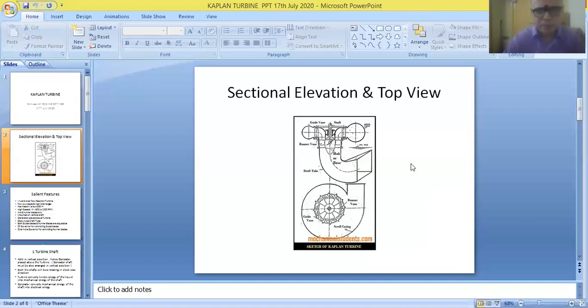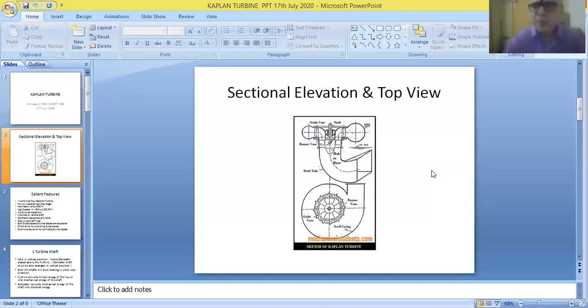And friends, the inlet of the draft tube is circular in cross section, and the outlet of the draft tube is rectangular in cross section, and the change of cross section is taking place in the bend portion of the draft tube. So the draft tube is bent in the form of an elbow. Therefore, it is referred to as elbow type draft tube.